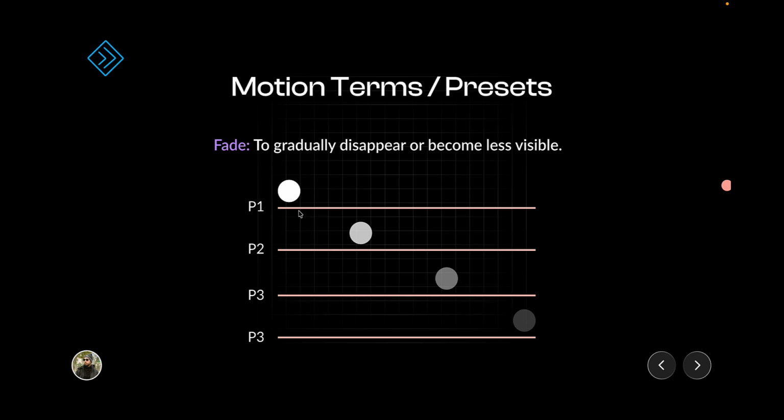Similarly, as the ball reaches the P2 position, the ball has lost some visibility. As the ball reaches the P3 position, it has gradually disappeared and become less visible. Sorry, the P4 position, and as the ball reaches the P4 position, it becomes even less visible than at P1, P2, P3.